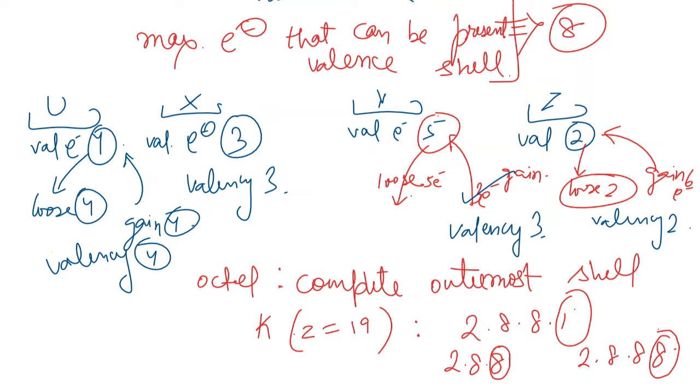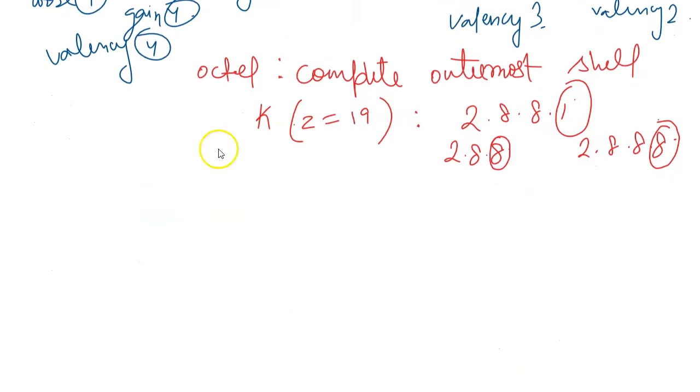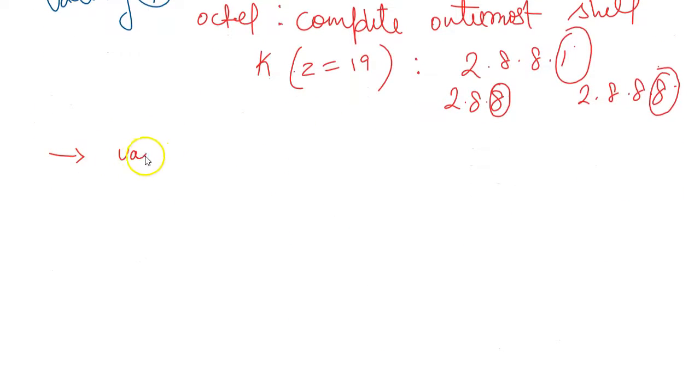Okay. So now if we see the real definition of valency, we can say it is the number of electrons which can be lost or gained in order to achieve the completely filled outermost shell. So let us write that improvised definition of valency.